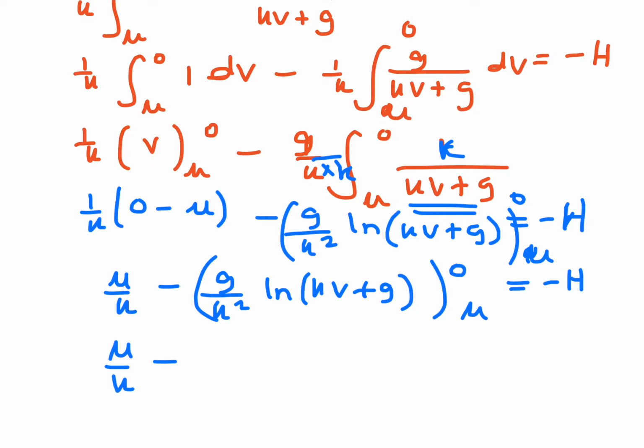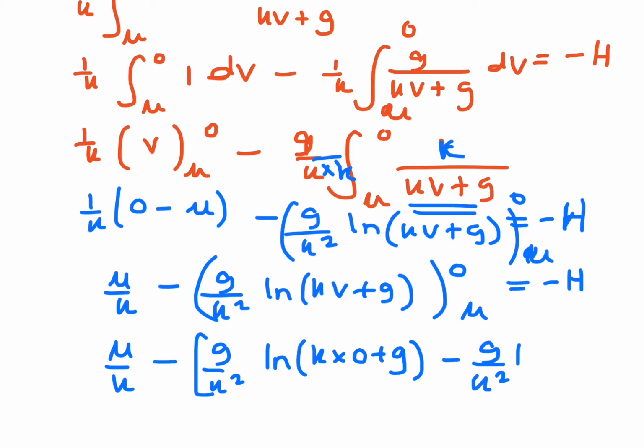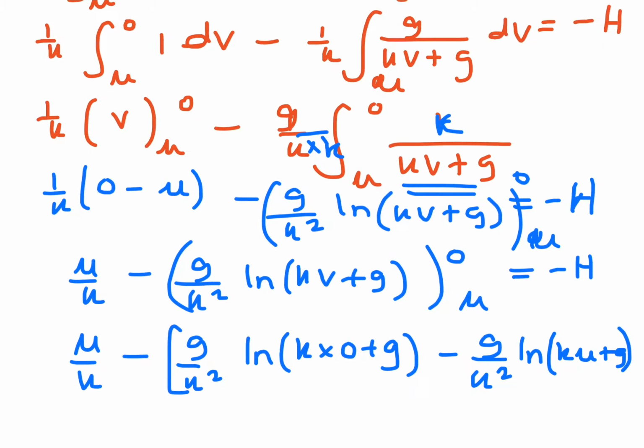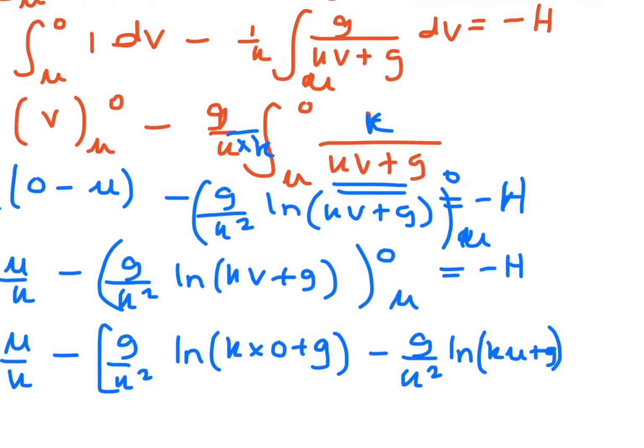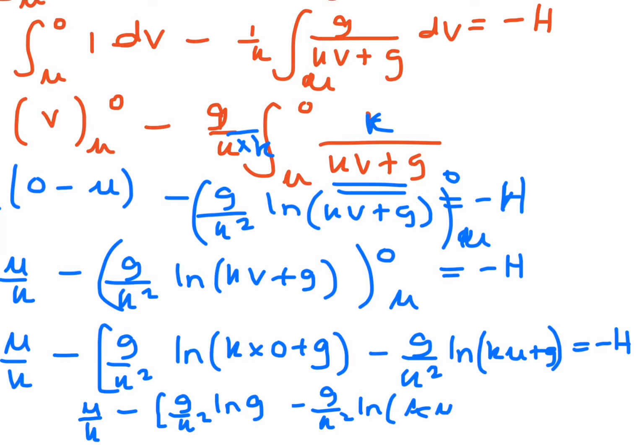So it's mu on k minus g on k squared ln k times 0 plus g, minus g on k squared ln k mu plus g. And all of that equals minus h. Okay, so mu on k minus g on k squared ln g minus g on k squared ln k mu plus g equals minus h.